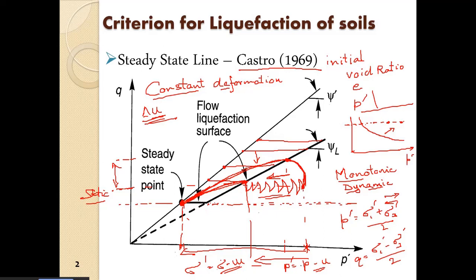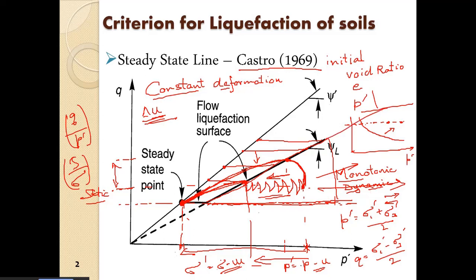If it is above this stress condition, in this range only, flow liquefaction is initiated. If it lies very far away, then Q by P dash, or tau by sigma, whatever you say, that ratio is very small, and we see that we need a large number of cycles to reach this point, or a huge amount of deviatoric stress to come to a certain point here.